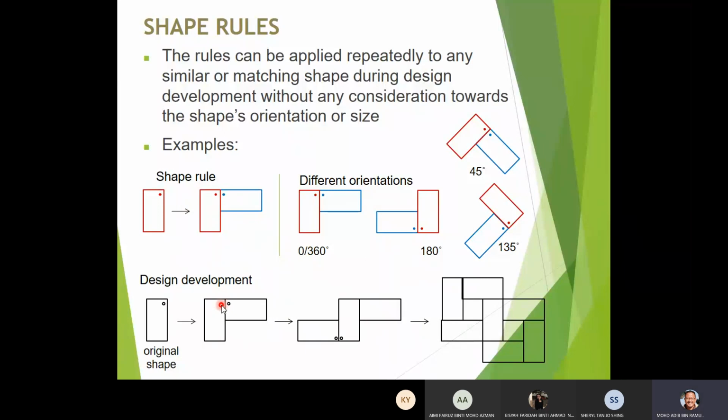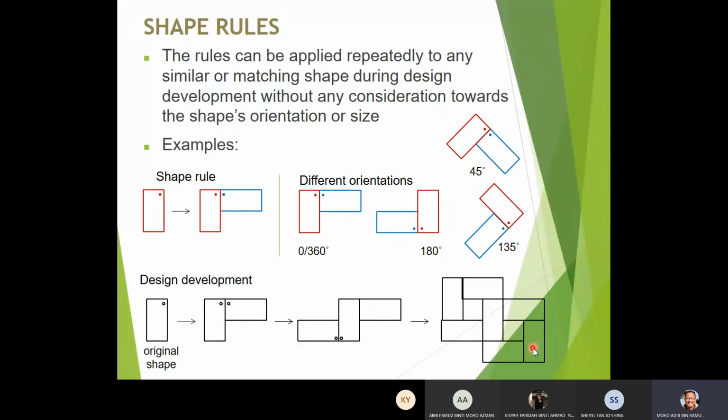From this point, you move to this point, and then you apply the rule again. When you apply the rule, that's where you are going to put a new shape. And then you keep applying again and again towards the added shape. This shape is actually the same as the original shape. It's the same rectangle, so you can apply the same rule again and again.